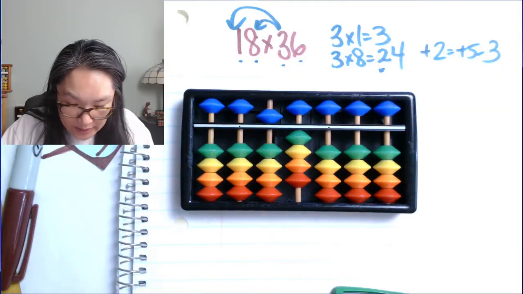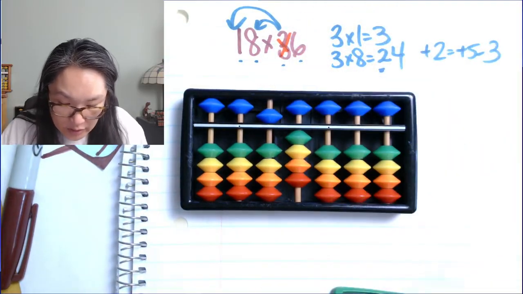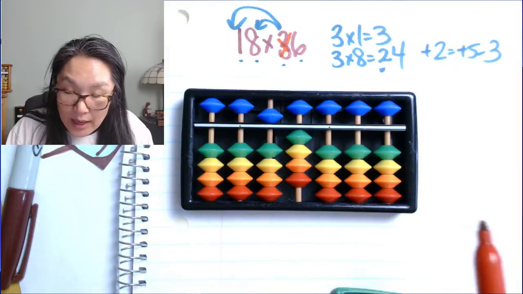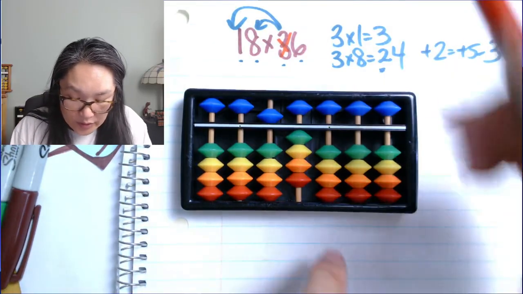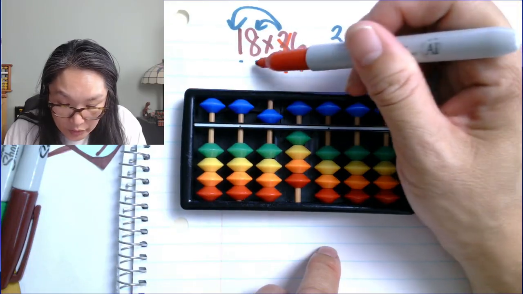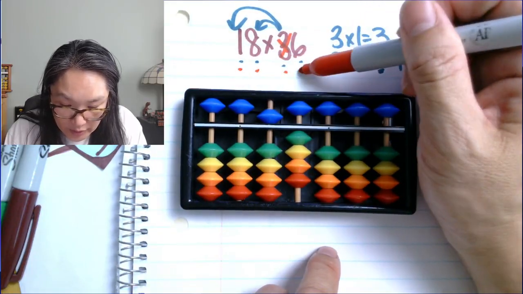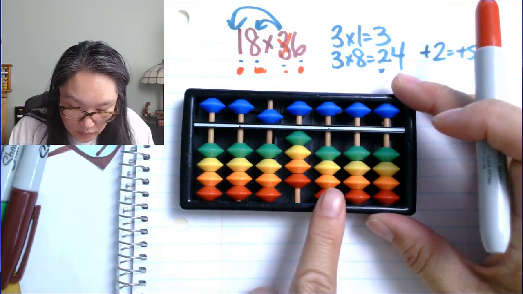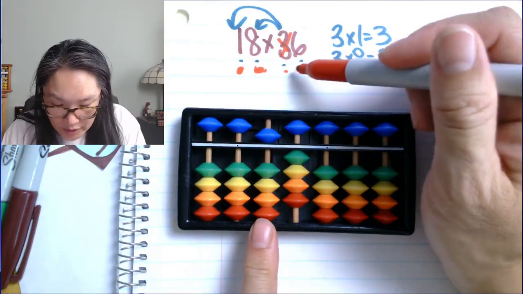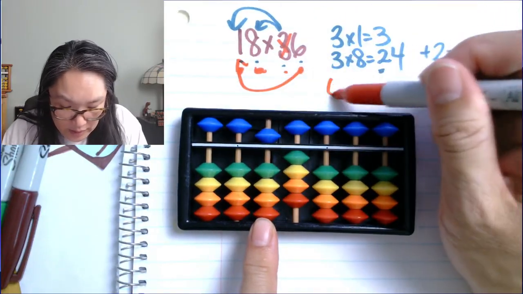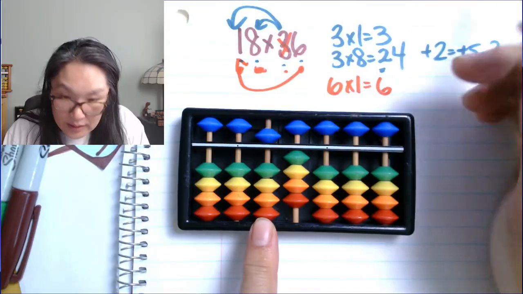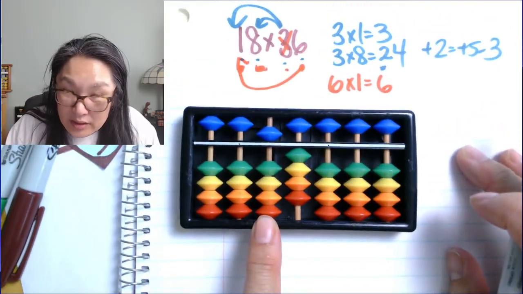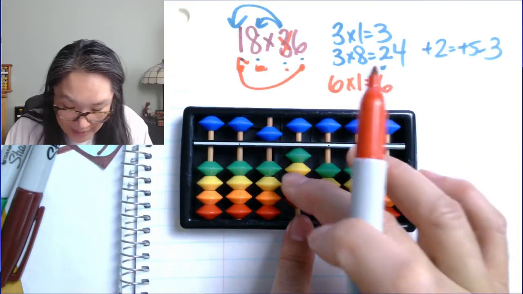So our next one, we've already done our 3. So we need to reassess where our answer goes. 1, 2, 3. So the question is 6 times 1. 6 times 1 is 6. 6 is a single digit. I go back one column and I add the 6.